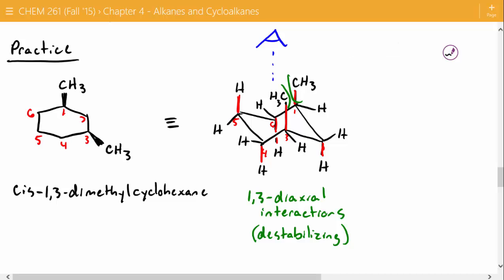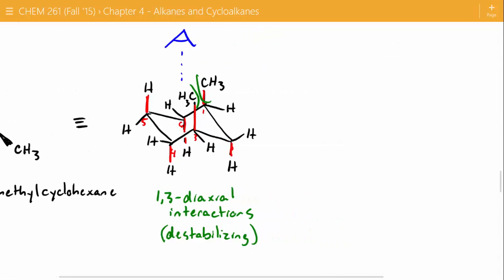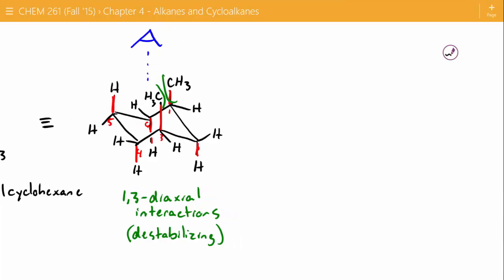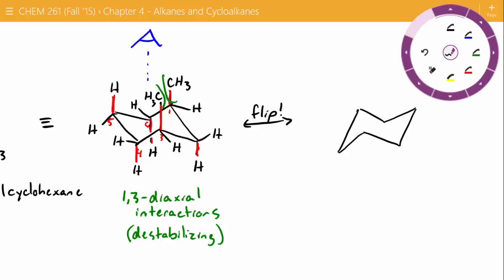Let's try to do a chair flip. All right, if we do a chair flip, are they both going to be axial anymore? No. Okay, so I'm going to number these again.